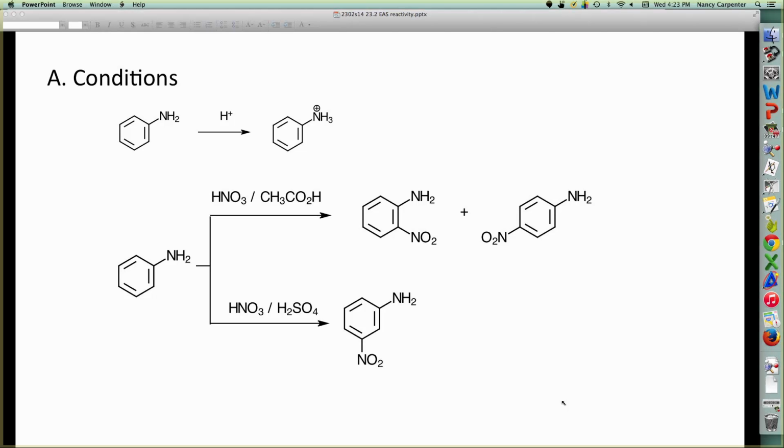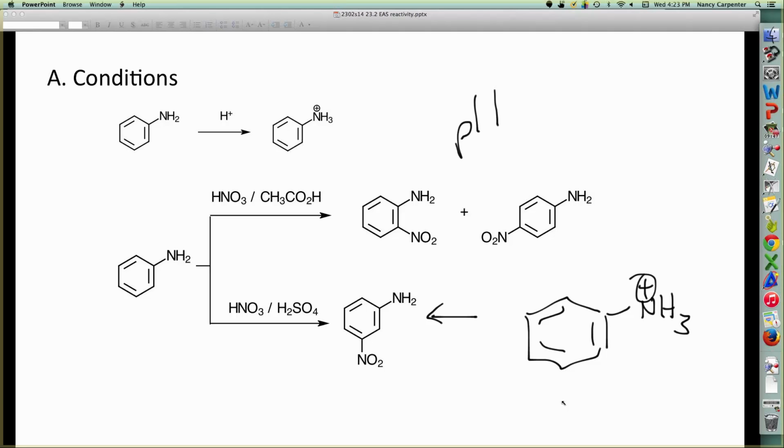And why is that? That is because it came to us via the protonated aniline. So that's one example where pH strongly impacts both the regiochemical outcome and, of course, the reactivity, because this is going to be much less reactive because that's got electron density being pulled out of the aromatic ring.